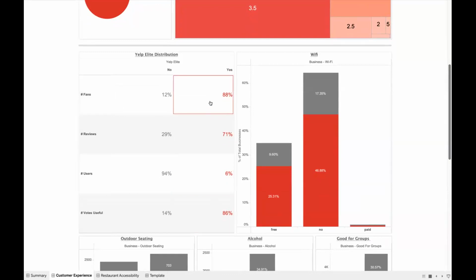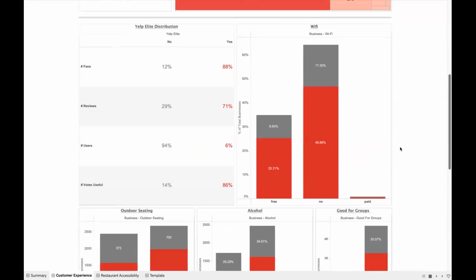Elite members have almost 88% of fans, 71% of reviews, and 86% of useful votes. So a good amount of contribution is made by elite members. So Yelp should rather focus on converting members into elite members to have a good review base.